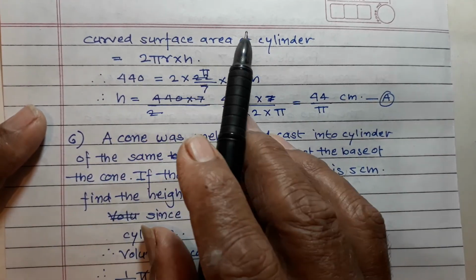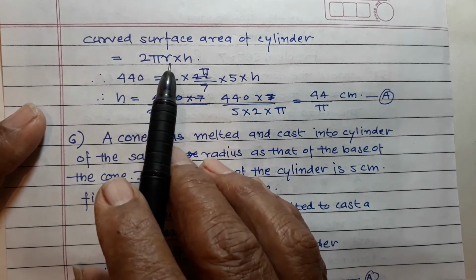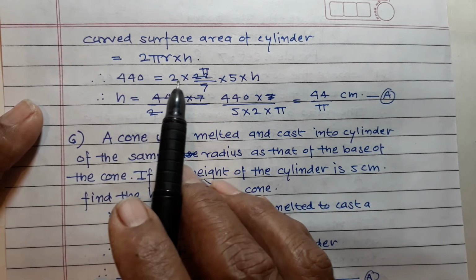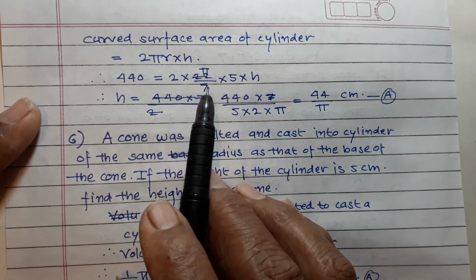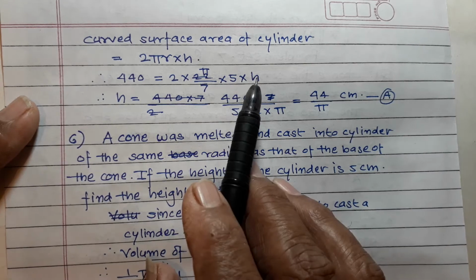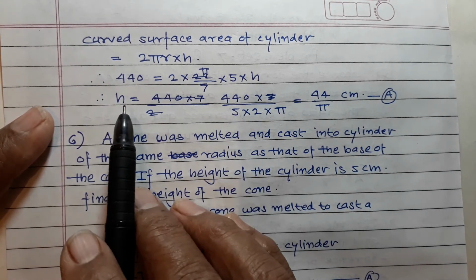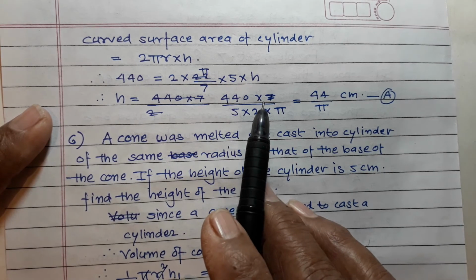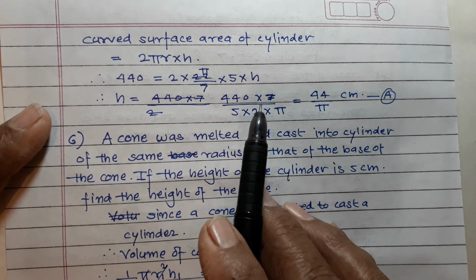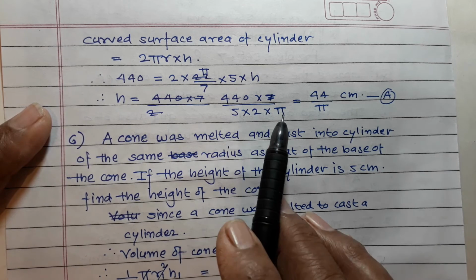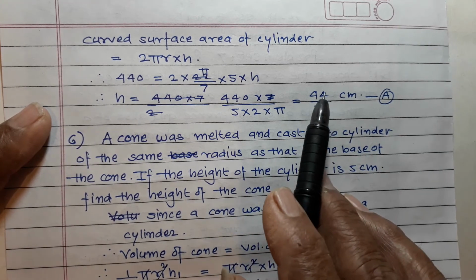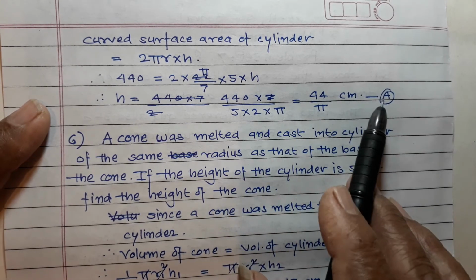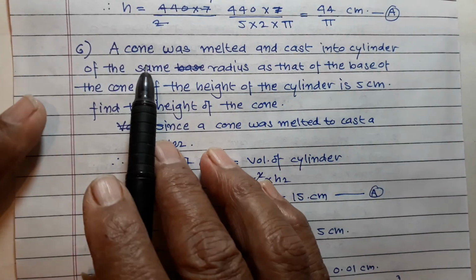Now curved surface area of cylinder is equal to 2 pi r into h, and therefore 440 is equal to 2 into 22 upon 7 into 5 into h, and therefore h is equal to 440 upon 5 into 2 into pi, which gives you 44 upon pi cm. So alternative A.